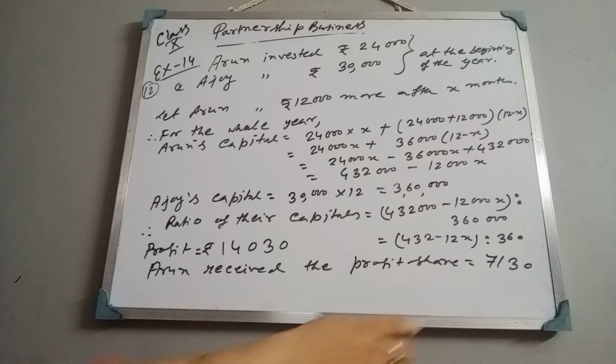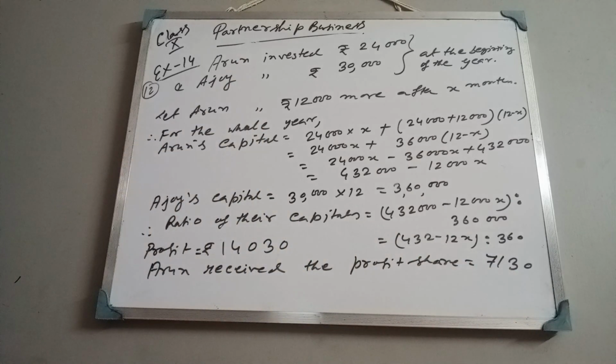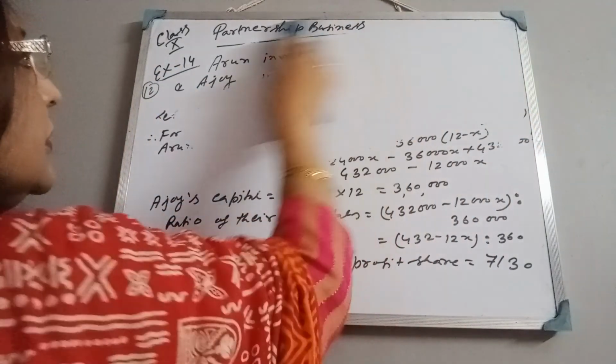Okay, Arun's profit is 7130. His share is this, total profit is this. Now we will write it in the form of an equation.